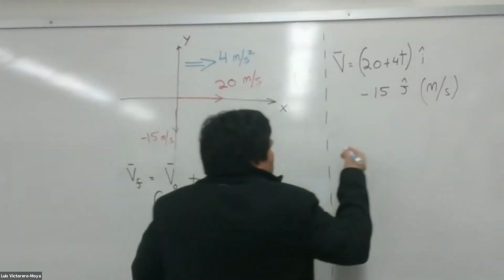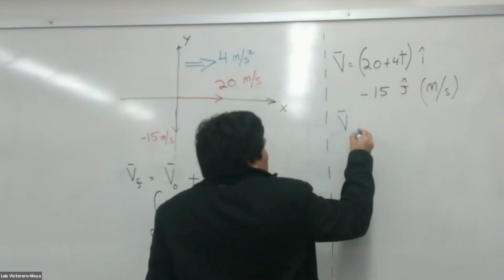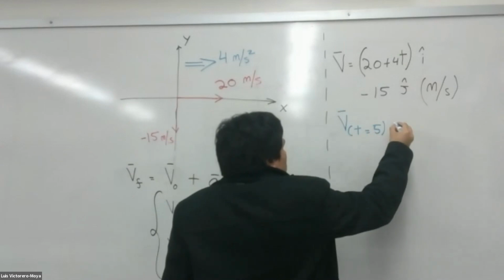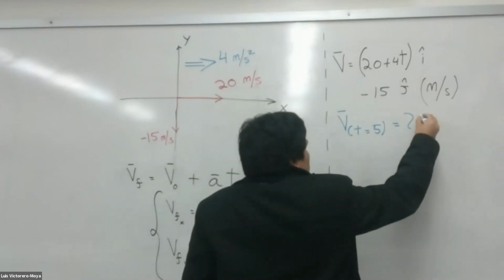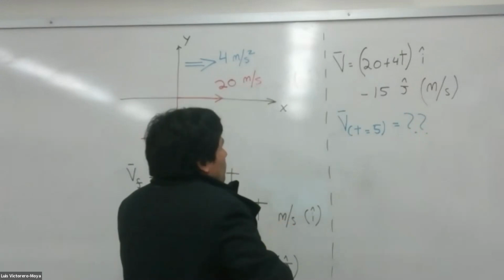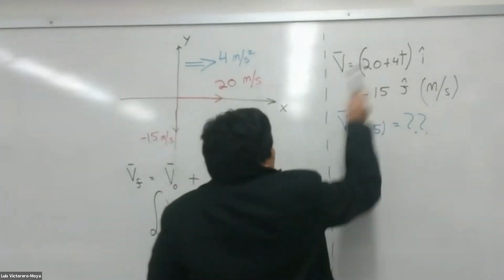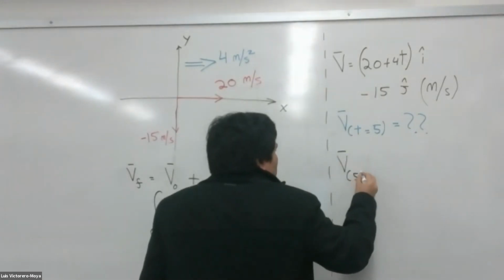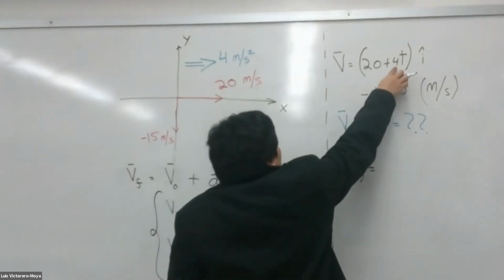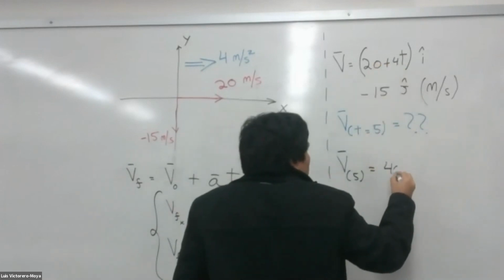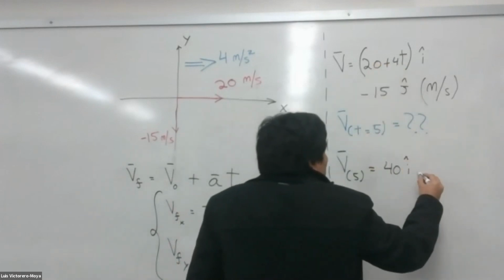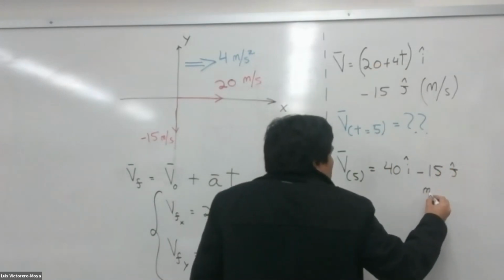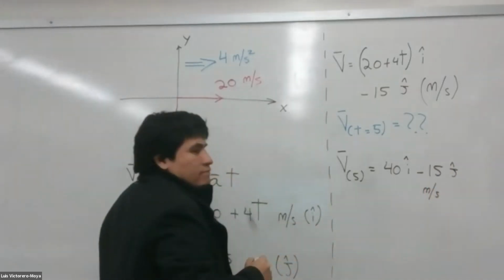So we're going to find the vector velocity and then the magnitude at t equals 5. What you do is you evaluate on 5. V at 5 is 20 plus 40 i minus 15 j meters per second.